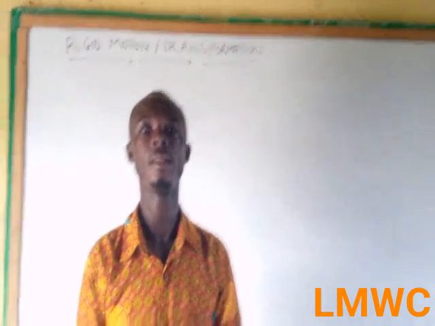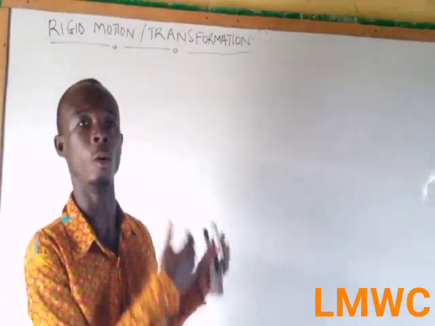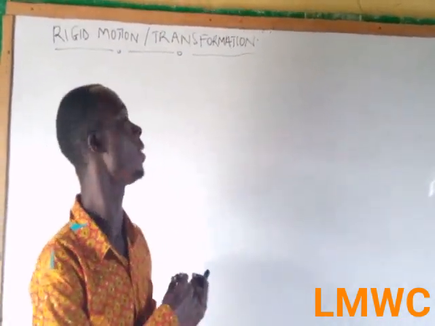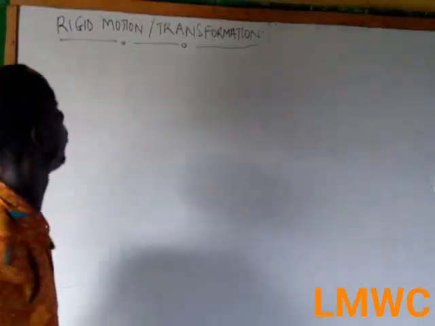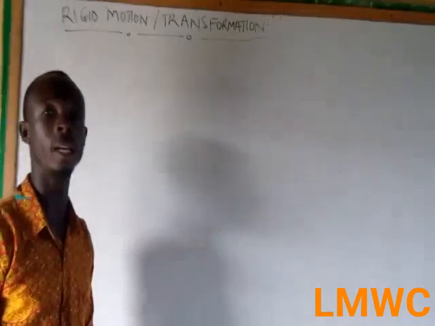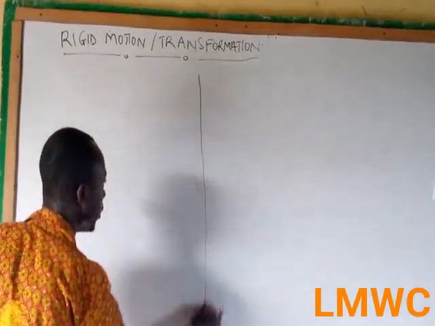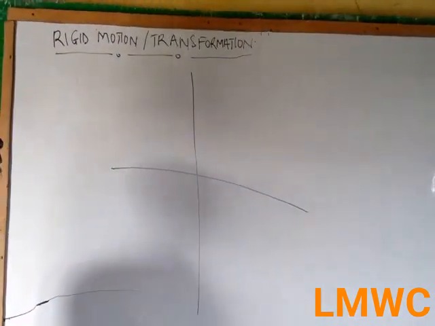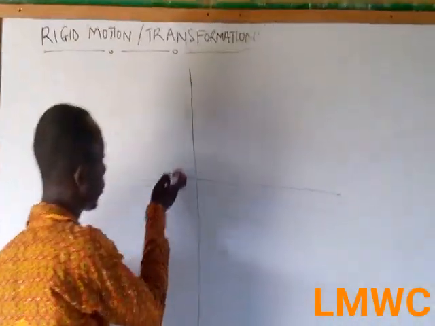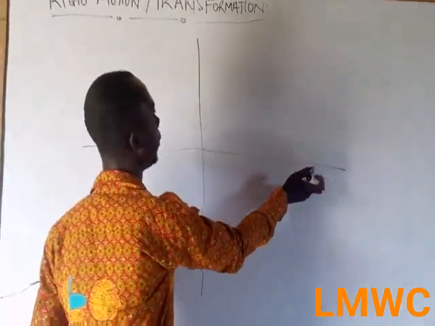This session, I want us to learn something on rigid motion or transformation, and this is for the junior high school students. Under rigid motion or transformation, we always use a graph sheet. On the graph sheet, we have the y-axis and the x-axis, the vertical line and the horizontal line.